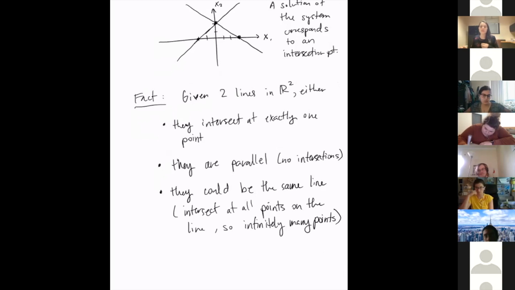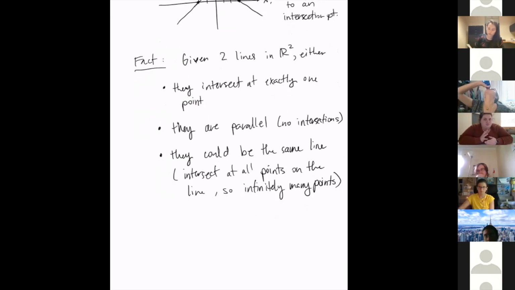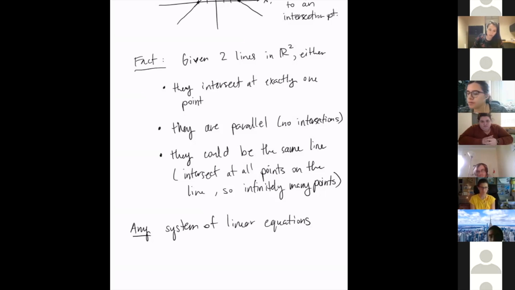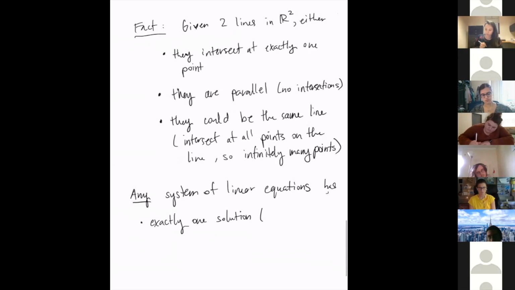Okay, so this is just the case when we're talking about two variables, right? But this is actually true for any linear system of any size, right? So what we can say is that any system of linear equations has either exactly one solution, right, corresponding to that one intersection point. So if it has exactly one solution, it has a unique solution, right?